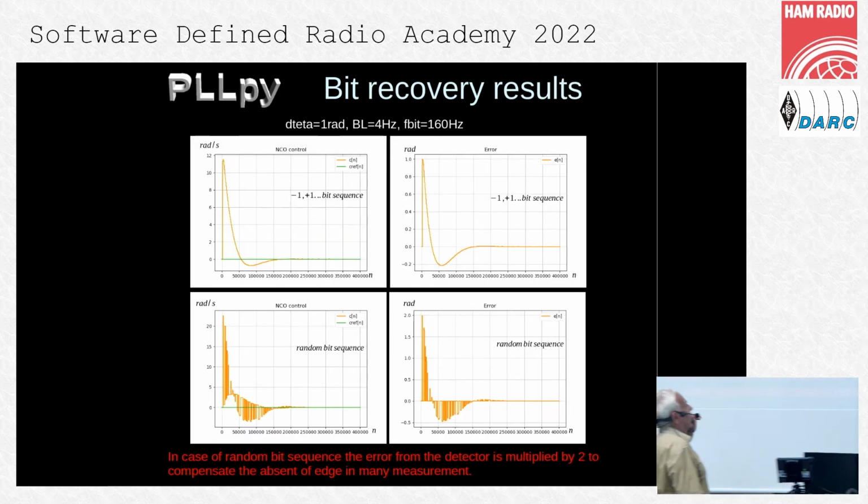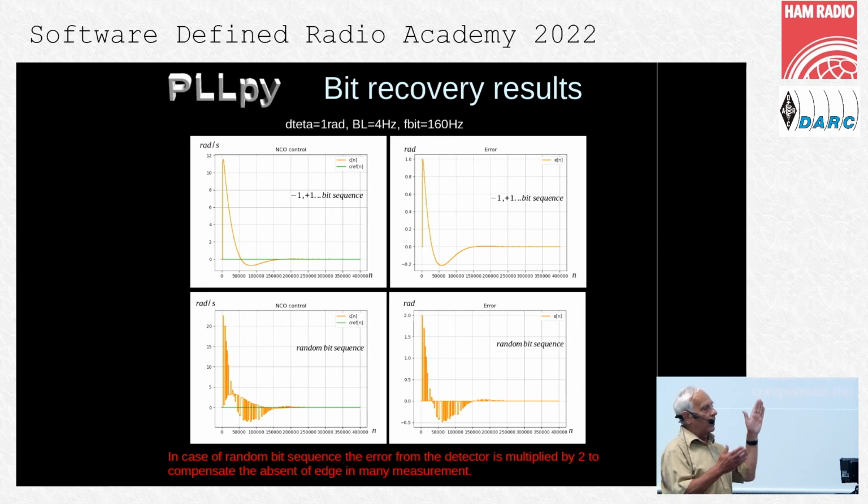Here you can see the test results. On the top row is a -1 +1 repeating bit sequence. That means that the phase detector will always detect an edge. It's once again very similar to the normal PLL.